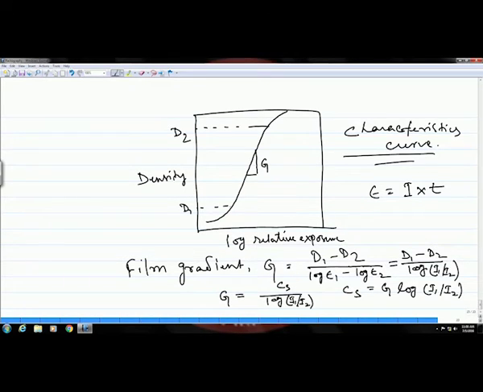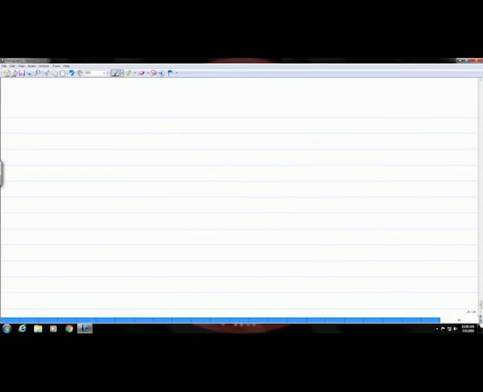And if you consider this range of exposure between two different densities, then this is known as film latitude. So, this is another parameter with regard to the film known as the film latitude.